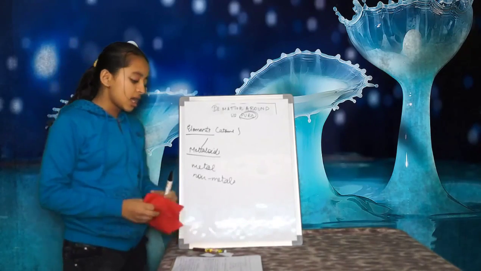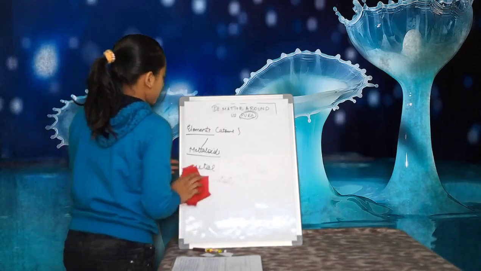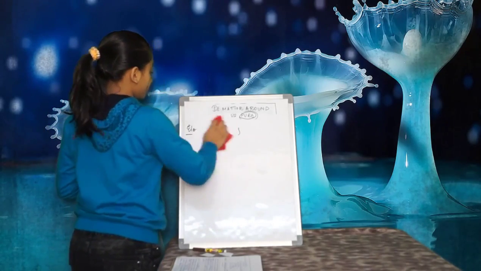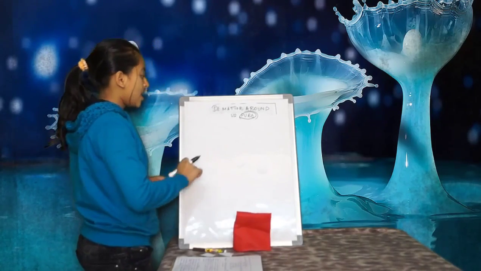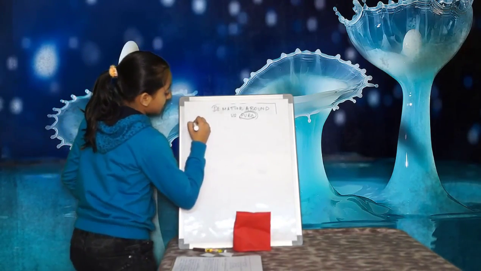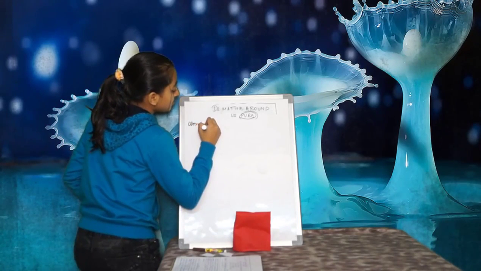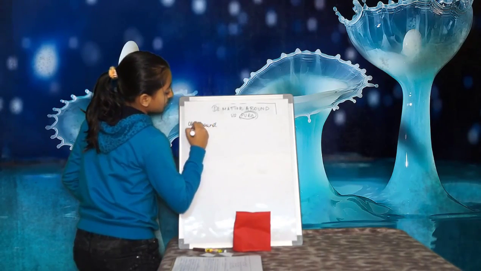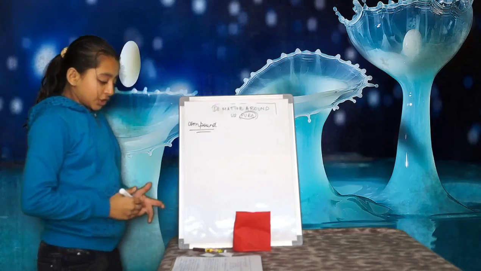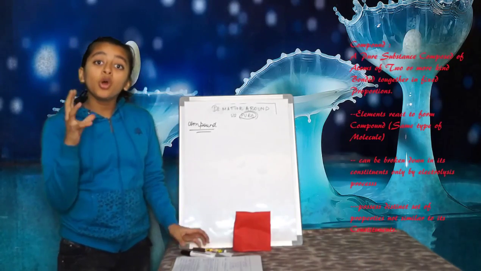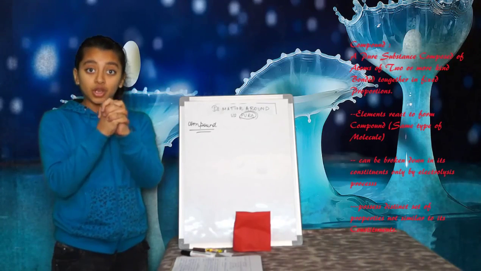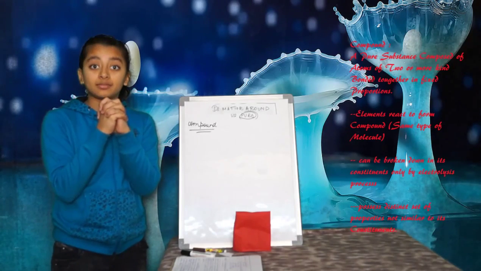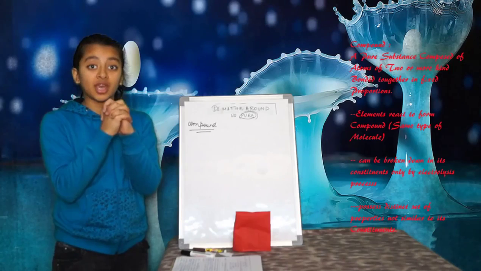So let's go on to compound. We are on the second type of a pure substance, that is a compound. A compound is a pure substance that is made by two or more atoms chemically bonded together.